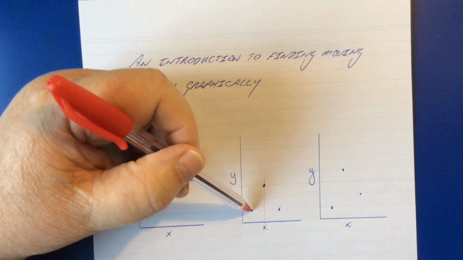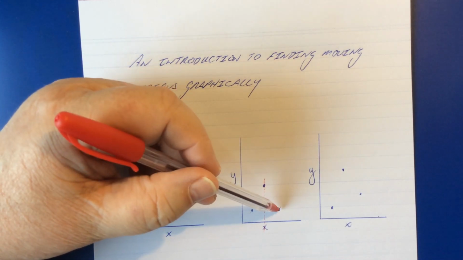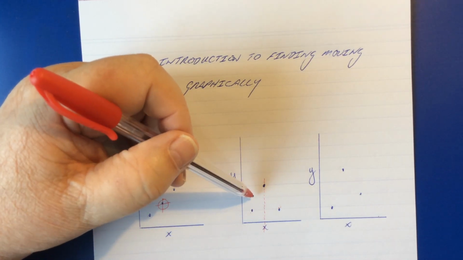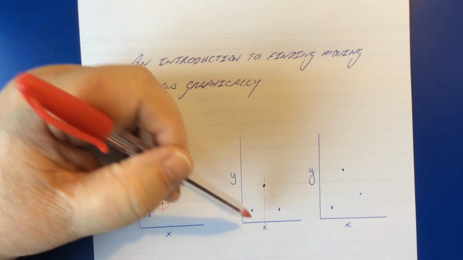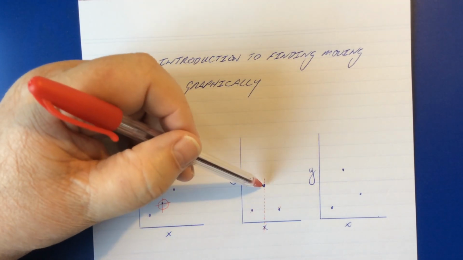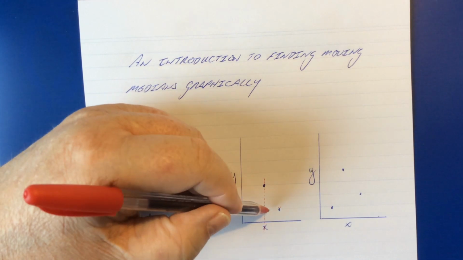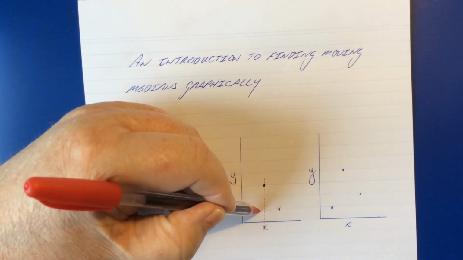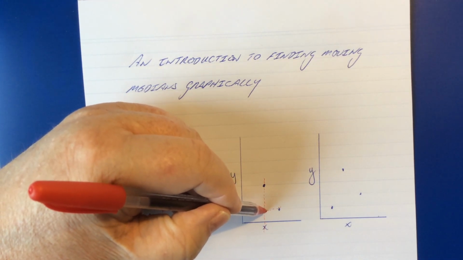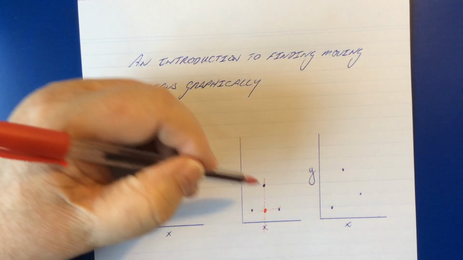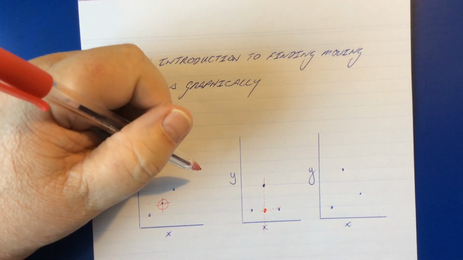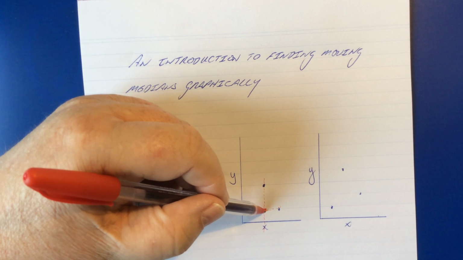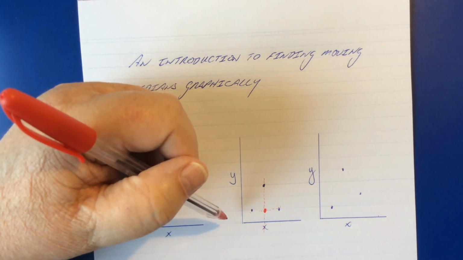Working up the y-axis, we have this point and then this point. And again, if you want to give them values, 1, 1, 2. So our middle value is 1. And the median turns out to be that number there, that point there.